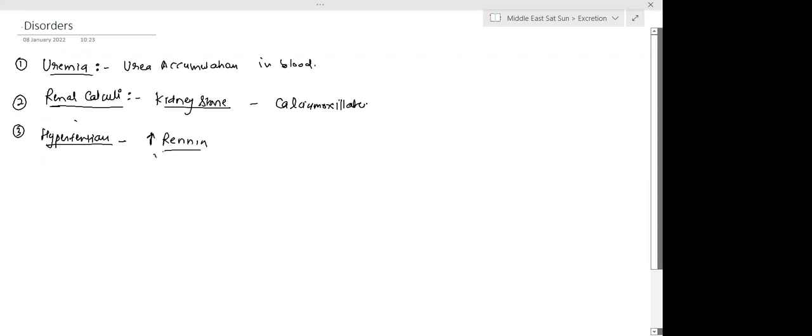We'll study the secretion of renin and what the function of renin is, how it functions in our body, in the last chapter of human physiology, the chemical coordination. Secretion of a large amount of renin leads to hypertension, means high blood pressure.